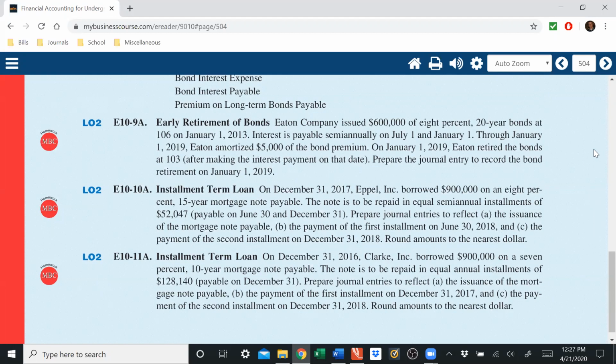Early retirement of bonds. Eaton Company issued $600,000 of 8% 20-year bonds at 106 on January 1st, 2013. So I assume that you watched the chapter 10 lecture I put up. In that lecture, I talked a good deal about bonds. I'm not going to lecture again over it.